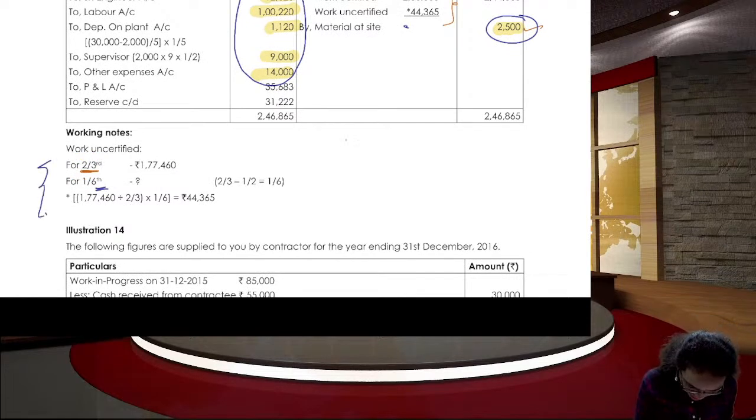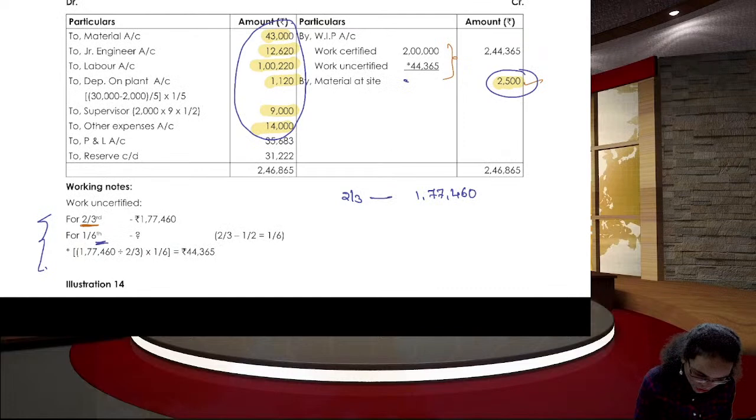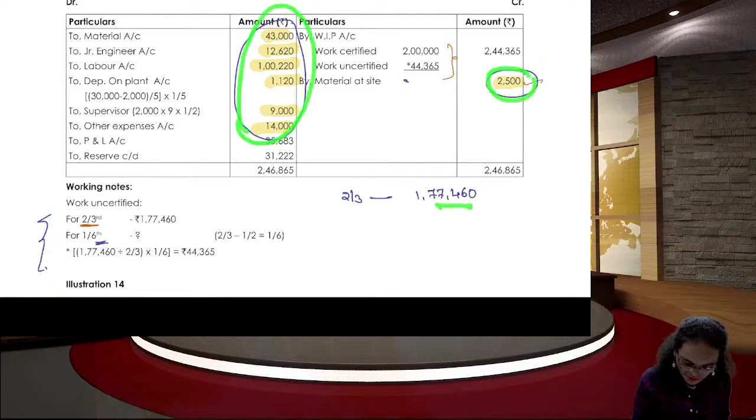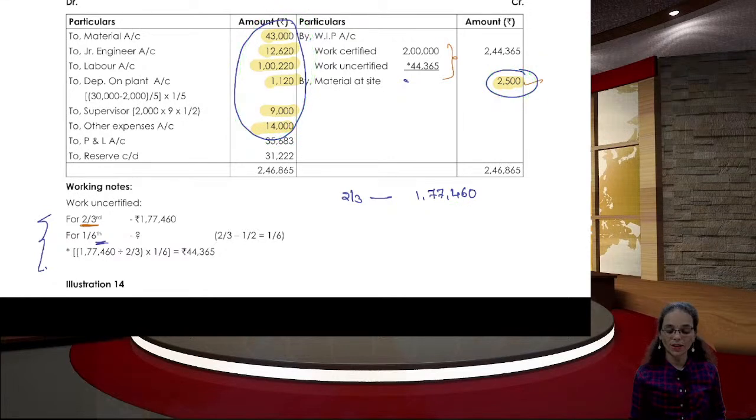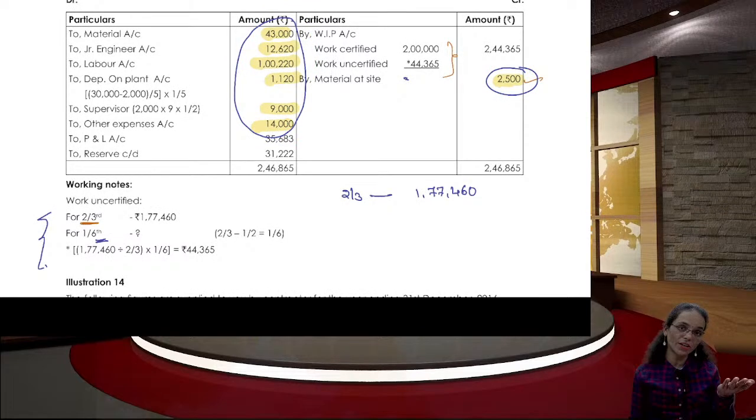For completion of the 2/3, we incurred 1,77,460. You add this total and minus this closing stock, you will get this 1,77,460. Right? What is the percentage of the work completed actually? 2/3 is completed actually, but 1/2 of the work is certified.